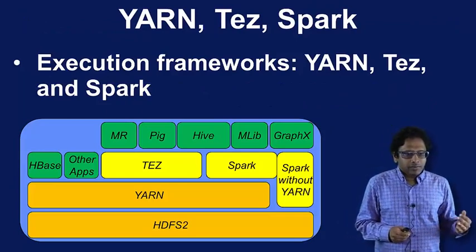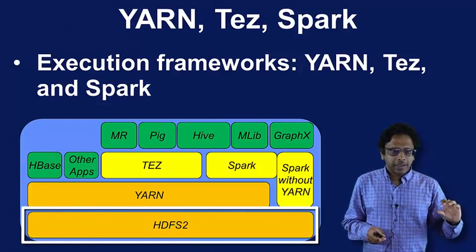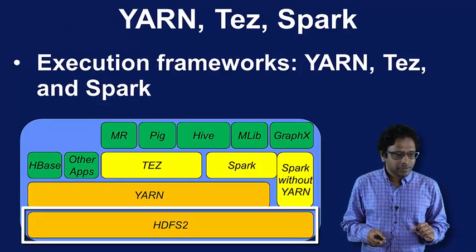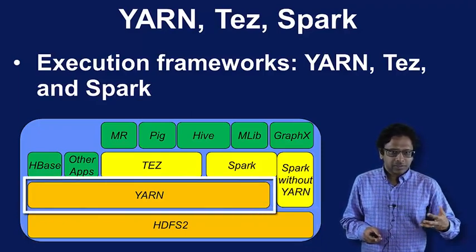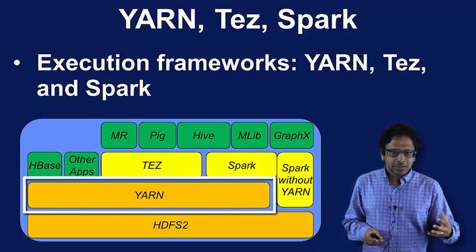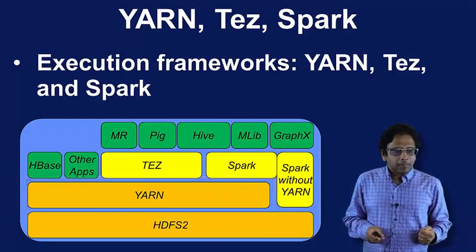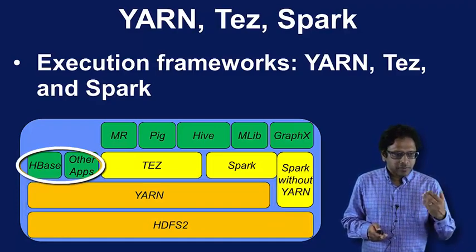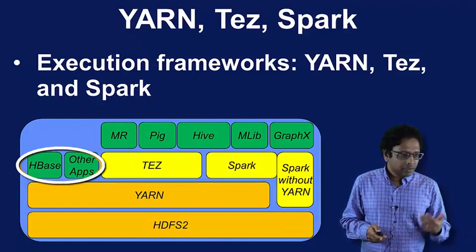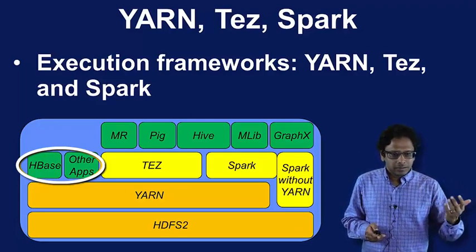If you're looking at where this fits into the Hadoop framework, you have the HDFS layer at the bottom, which is the storage layer essentially. Sitting on top of that is Yarn, which is essentially the basic execution engine in the next generation Hadoop. There are some applications that fit right on top of Yarn. HBase is an example. There are lots of other applications like that that just work through Yarn to let you do things.